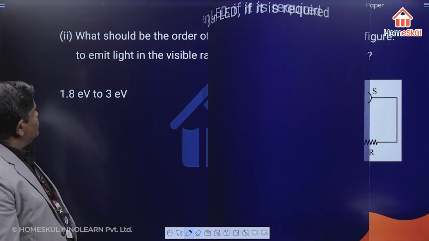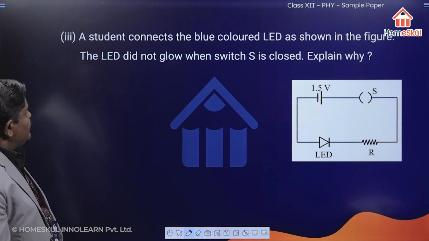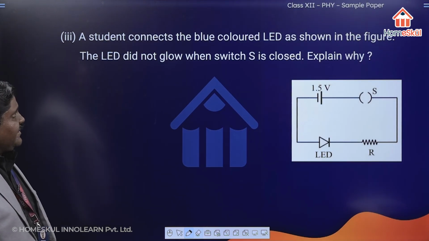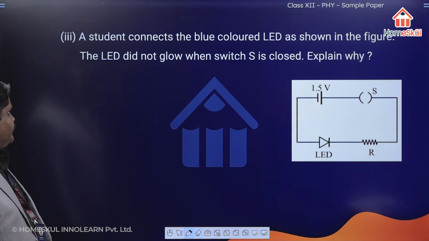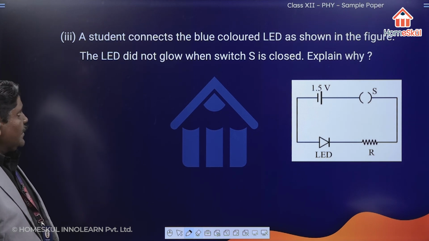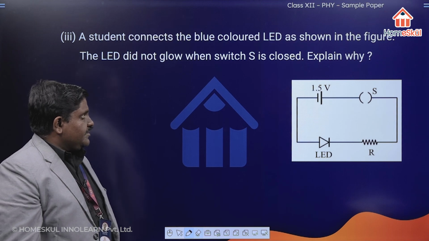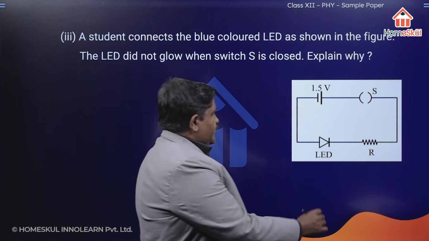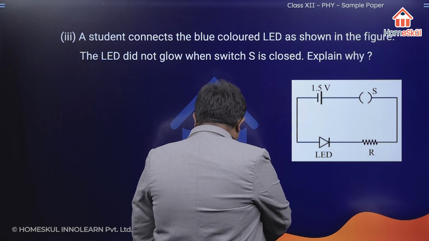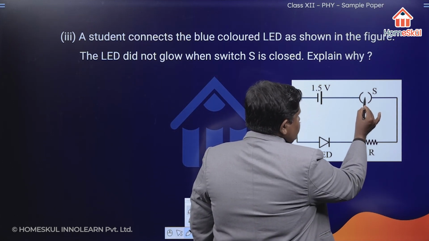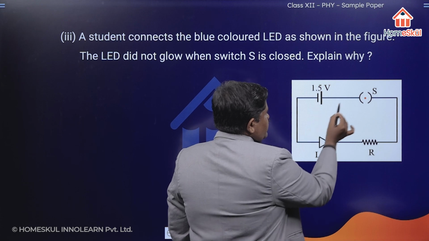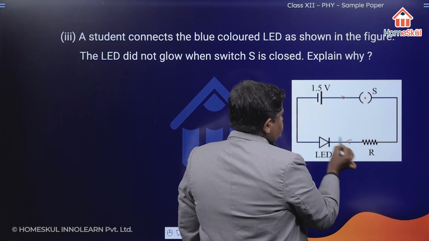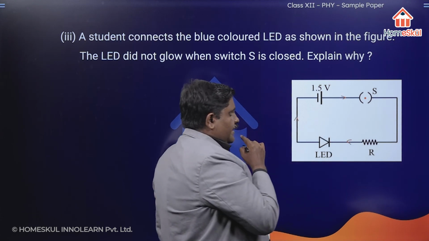Then third question: a student connects a blue colored LED as shown in the figure. The LED did not glow when switch S is closed. Explain why. Carefully observe this figure. If the student closes this switch S, the current will flow, right?